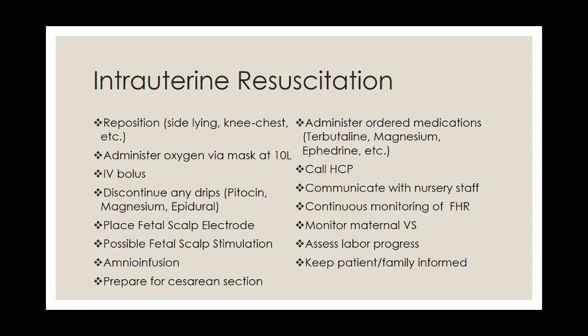So we would not place a fetal scalp electrode on someone who was HIV positive, for someone who had some type of infection, or if the mom was GBS positive. We would not put a fetal scalp electrode for things like that in which we might introduce an infection to the baby. So that's important for you to know. And you also have to know that you can't put on a fetal scalp electrode unless the membranes are ruptured.